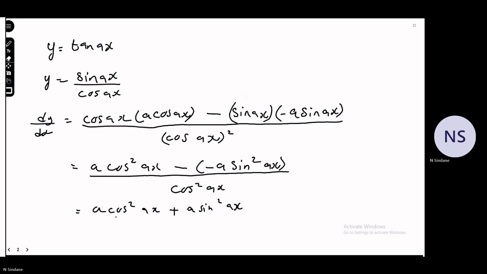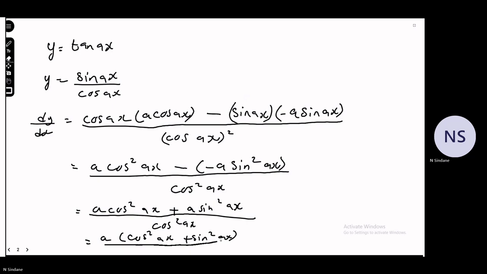Divide this by cos squared ax. Then take out a common factor of a into cos squared ax plus sine squared ax. Divide by cos squared ax. And from there, a multiply 1 over cos squared ax.